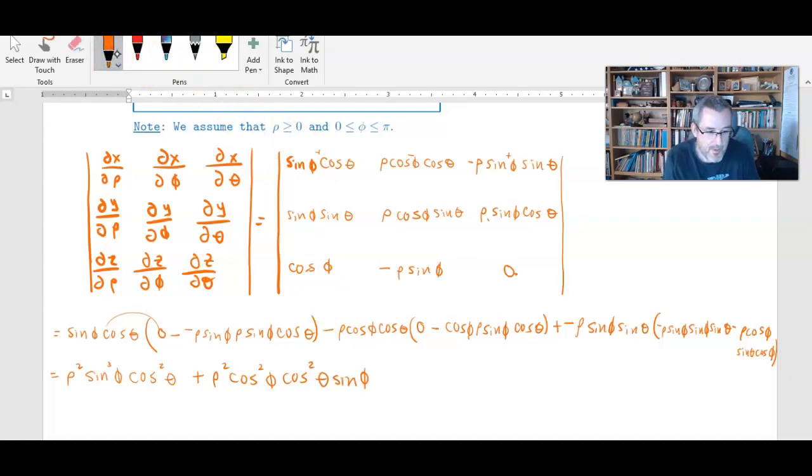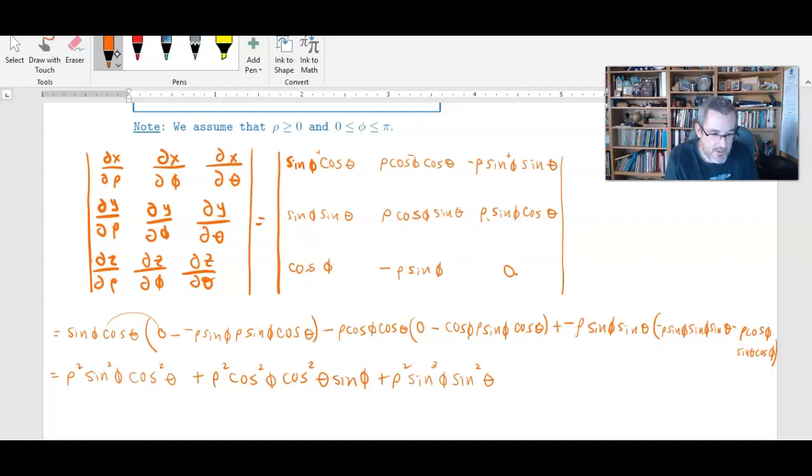All right. Then over here, let's see, plus minus minus minus plus. So we're going to have plus rho squared sine phi cubed sine theta squared. Double check that.